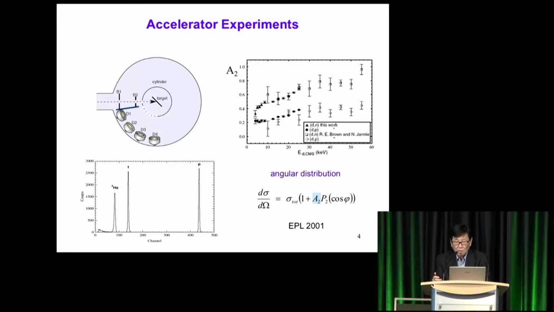Thus, it is fitted by Legendre polynomials, as in the formula shown as dσ/dΩ over here. The upper right figure shows the obtained parameter A2, which is important as a measure of the anisotropic distribution.